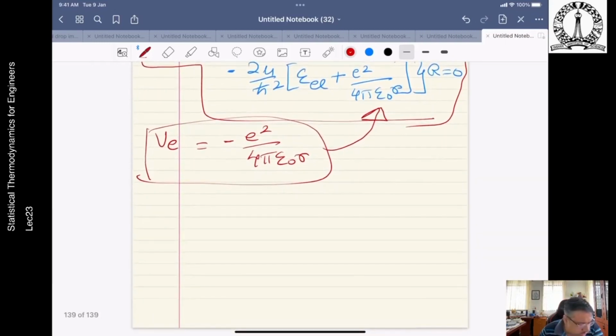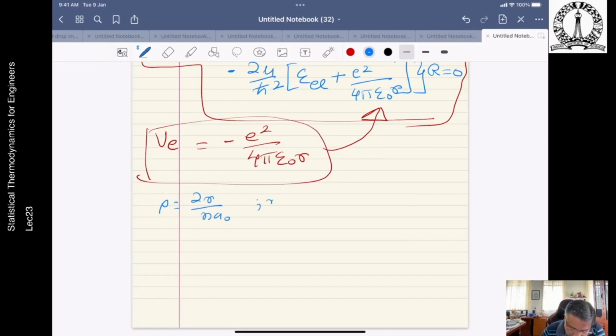So now, this is a complicated expression. Now you can do a few transformations of this equation, and we are not going to go into the details, but we are going to define a few variables which will make this equation a little easier to deal with. Let us define rho, which is not density. It's 2r by n a naught.